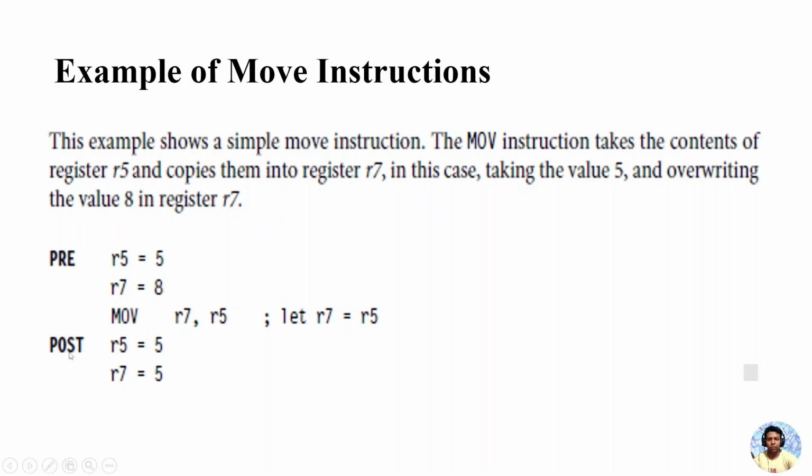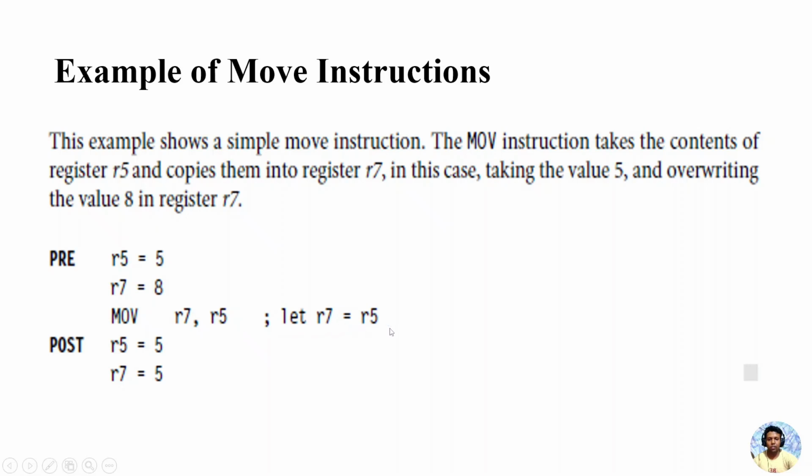In the pre, before execution of the instruction, and in the post, after execution of the instruction. In the pre, R5 holds 5, R7 holds 8. MOV R7, R5: R7 is the destination, R5 is the source.